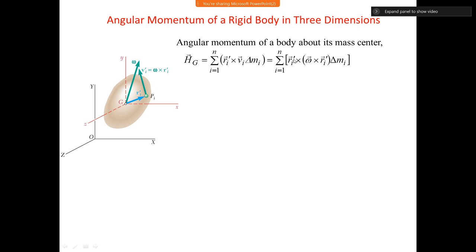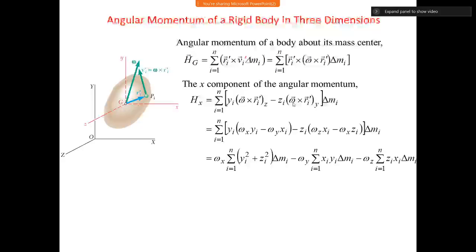So the v vector is your omega cross ri prime. Let me make that change here. This should be prime, which is the velocity as observed from G, and this is your omega cross ri prime.